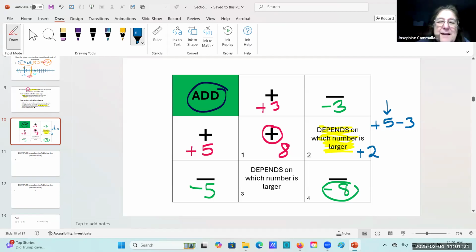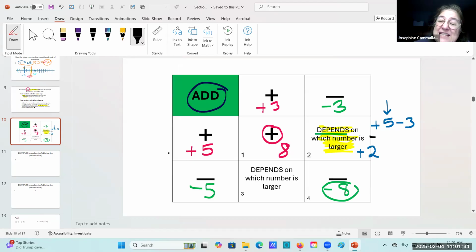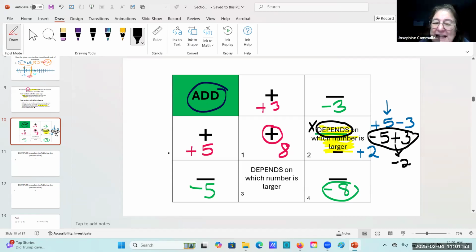Okay? But if I have, and here's the reason why it says depends, if I have a negative 5 and a positive 3. Now, that's why it says depends on the larger number. This is going to give us a negative 2. This has two possibilities. The same thing happens here.